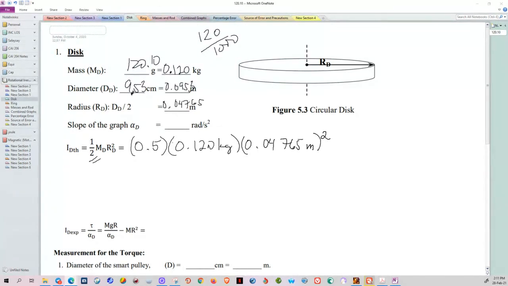So the inertia of the disk by theory is equal to 1.36 by 10 raised to minus 4, the unit kilogram meter squared. Is that clear, Shabab? That's how you calculate. Do not forget, change to kilogram, change to meter, make radius. In the equation, use square. Is that clear?